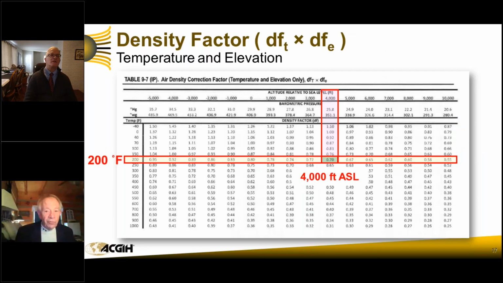You can tabulate this, put a little into your manual on that page, and you can come down with a combination of 4,000 feet above sea level and 200 degrees F. We come across here to 4,000, come down, look, it's 0.7, doesn't lie.